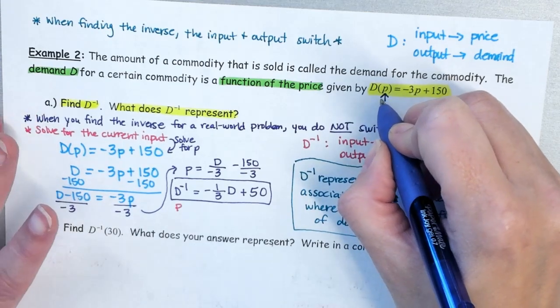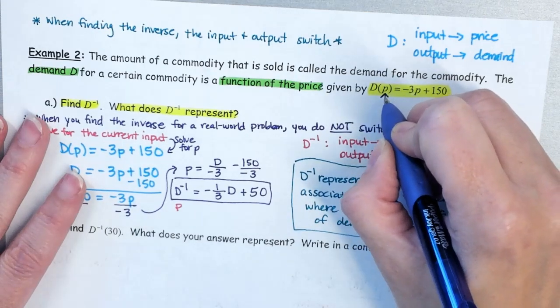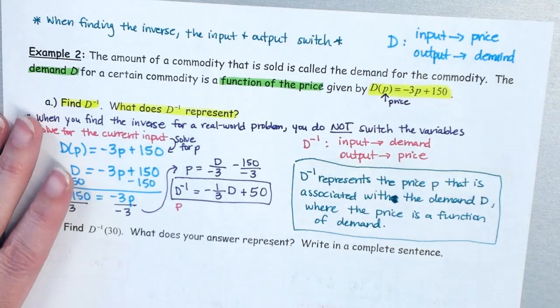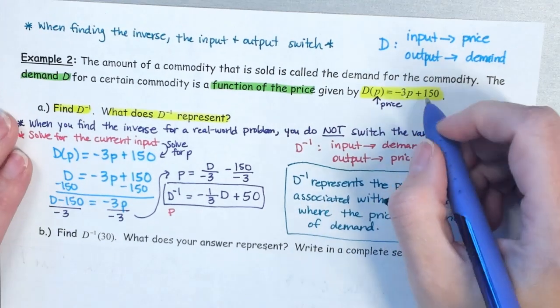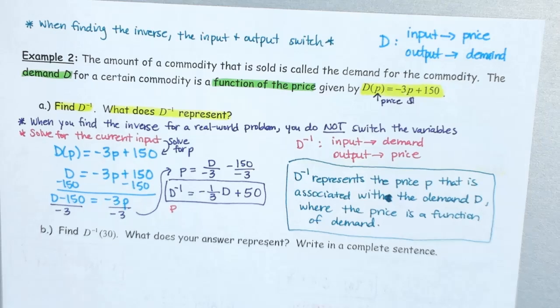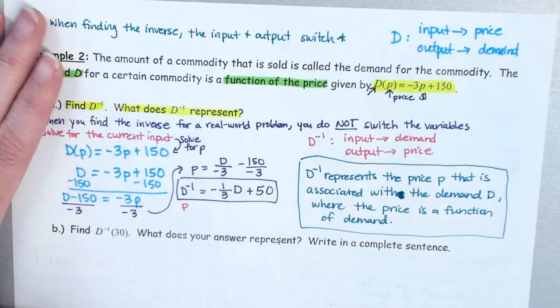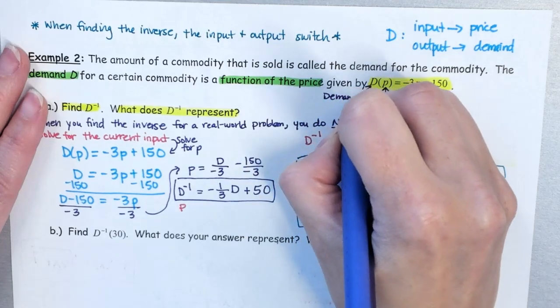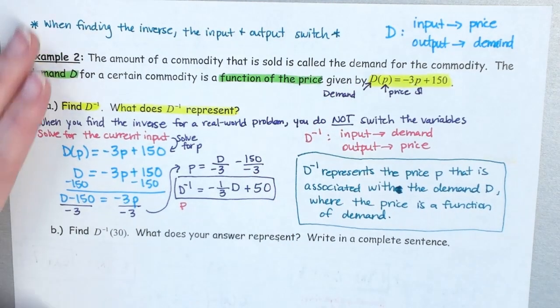Okay, so we know that your P value is going to be the price in dollars. Okay, and then the demand is going to be the units of a commodity.